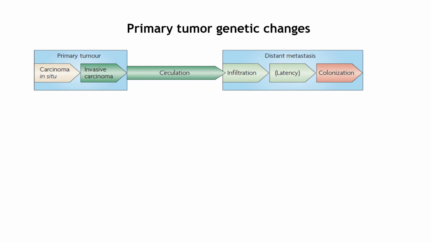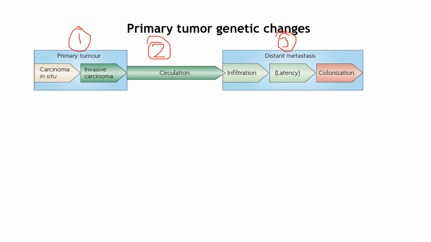Okay, so let's keep talking about the primary tumor, and now about some of the genetic changes. I told you that it can be divided into three very general stages: primary tumor, circulation, and metastasis or secondary tumor or distant metastasis. And it could be subdivided.